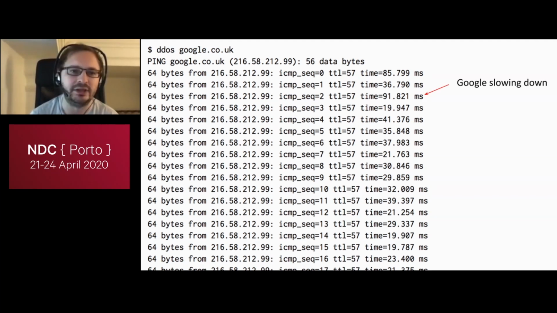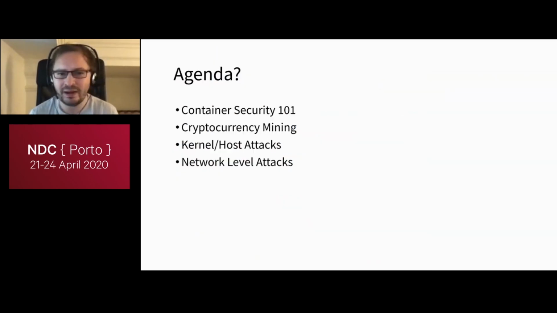So people trying to DDoS Google, and obviously they see the ping response times increasing slightly, and they think, yay, Google's slowing down. Obviously, that's not going to happen because of a ping, but we do get lots more interesting spin-offs of people trying to launch interesting attacks. And what do we do in order to defend against that? And that's what we're going to discuss.